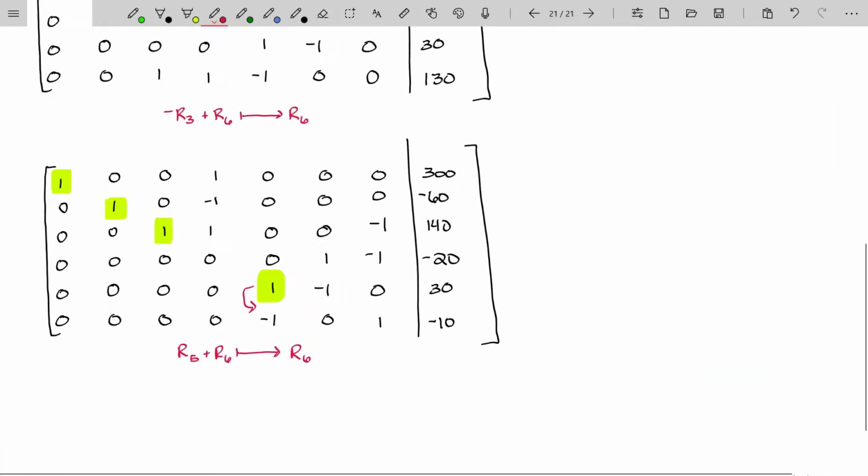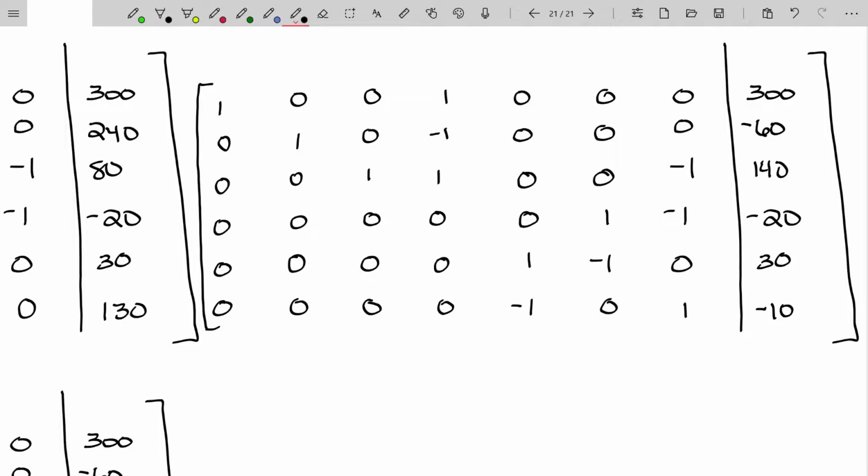I don't have a lot of room there, so I will go ahead and copy this and move this upstairs. Hopefully we don't run out of room, but yeah, row 5 plus row 6, 0 plus 0, 0 plus 0, 0 plus 0, 0 plus 0, 1 plus a negative 1, negative 1 plus 0, 0 plus 1, and 30 plus negative 10 is 20.